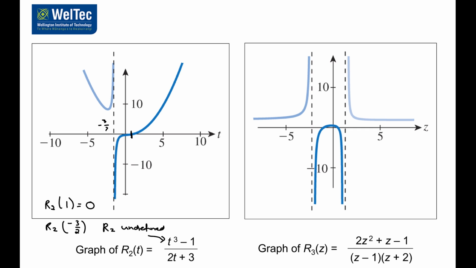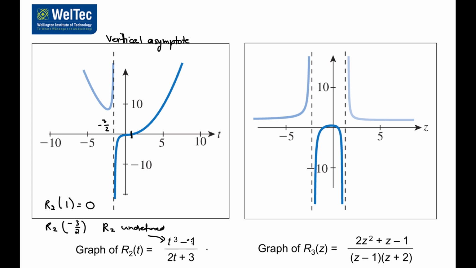So it doesn't have a value, it has a vertical asymptote. There's a value that we can't have on the bottom line.